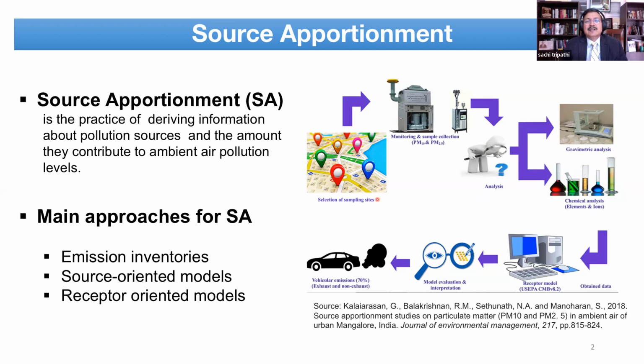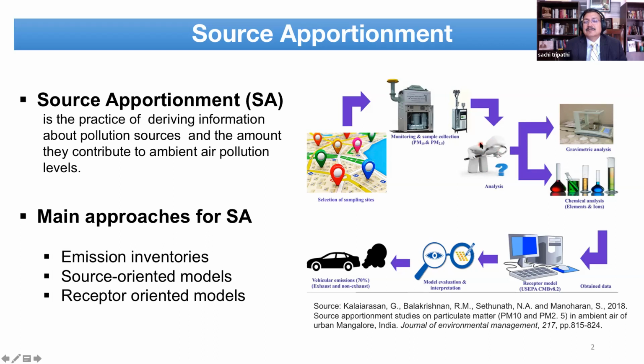So what you see here is a city, and you first try to choose locations where you want to collect the data of particulate matter or gases. That is what is shown here, that you have different kinds of particulate matter samplers, high volume or low volume or some other kind of sampler you use. Once you have collected it, then you are going to analyze it.